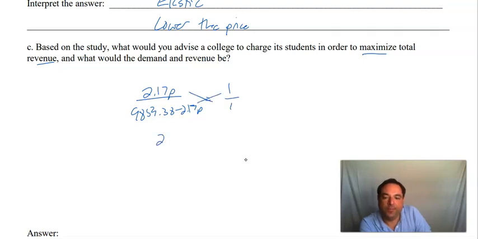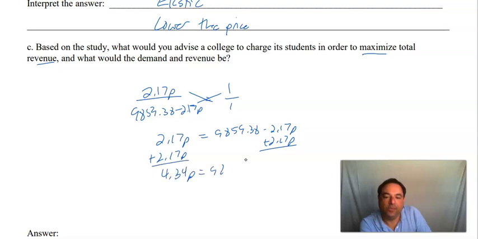Cross multiply. We get 2.17p equals 9859.39 minus 2.17p. Add 2.17p. You get 4.34p equals 9859.39. Divide by 4.34.